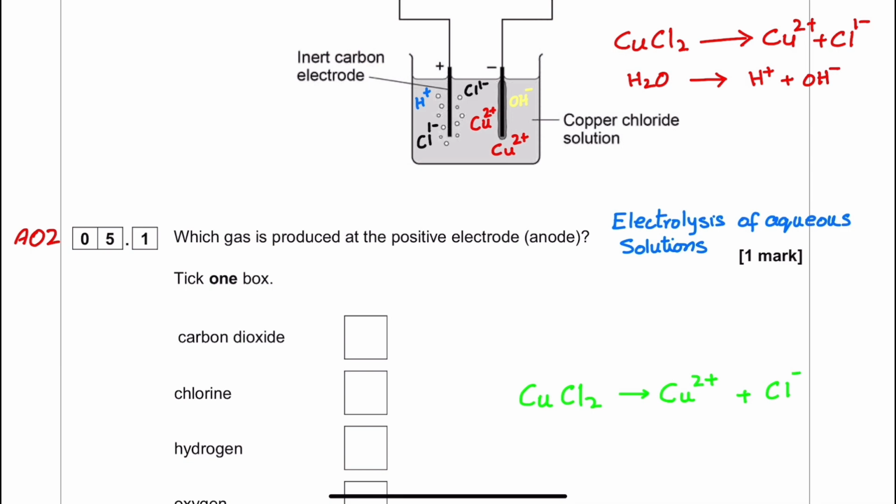And losing the electron is called oxidation. So the halide ion, the group 7 element ion, will come to the anode first. So Cl− will go to the anode, lose the electron and become a chlorine atom. Two chlorine atoms combine together and make the chlorine molecule. So the gas formed at the anode is chlorine.